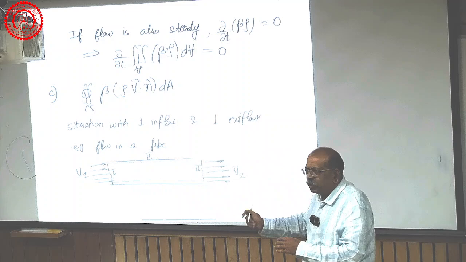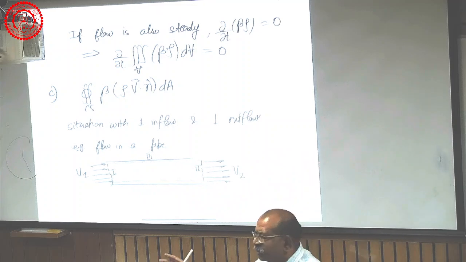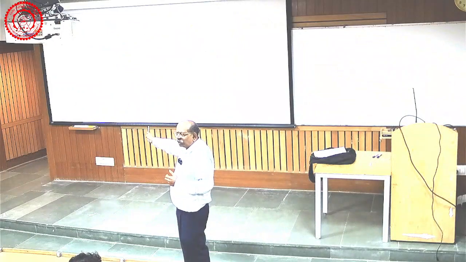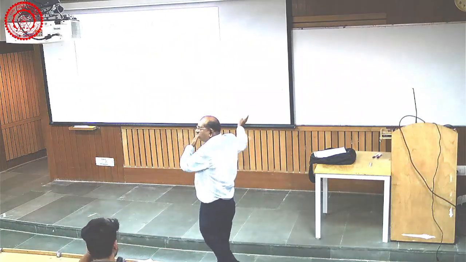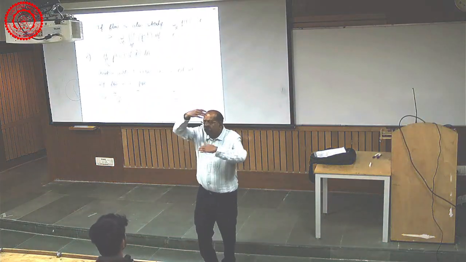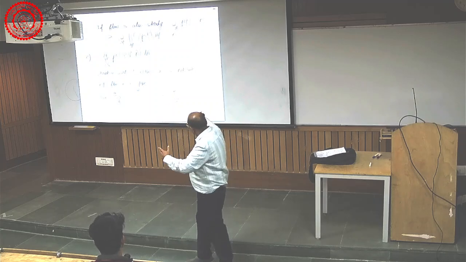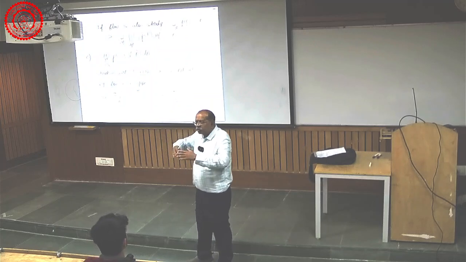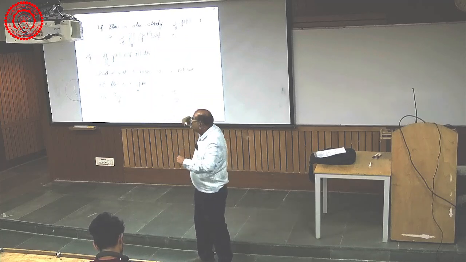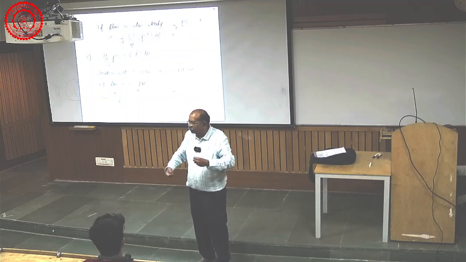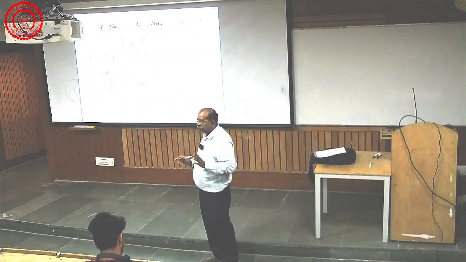So what we do is, in this control surface, we take the area, the inlet part, we call it 1. The outlet part, we call it 2. And the part which is touching the pipe, we have chosen a control volume which is only of the fluid. We call that circular part, the part touching the cylindrical portion, 3.